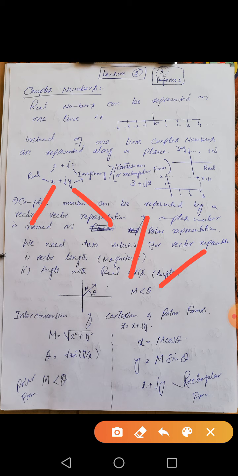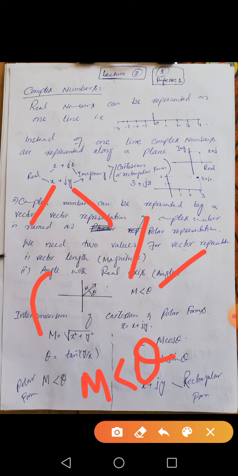If we are given the real and imaginary parts, to calculate the magnitude and the angle, here is the formula: m is equal to the square root of x square plus y square, where x is the real value and y is the imaginary value. Theta is equal to tangent inverse of y by x. This magnitude and angle give the polar representation of the complex number.